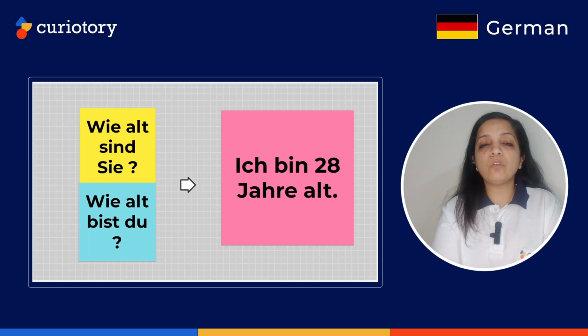One is the formal way and second is the informal way. The formal way of conversation is used when you are talking to your colleagues, your bosses, or a stranger. And the informal way is used among peer groups, your friends, your relatives, and your dear ones.